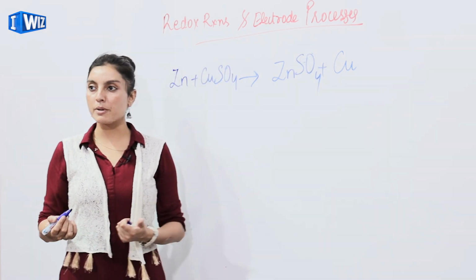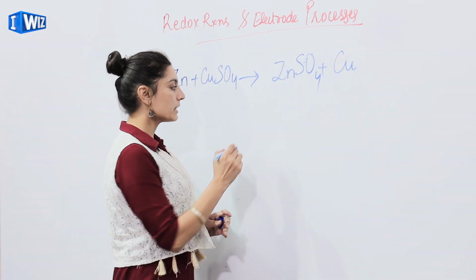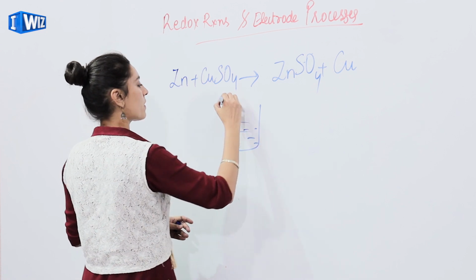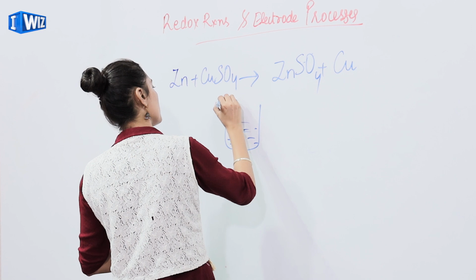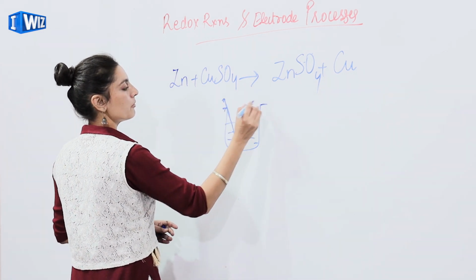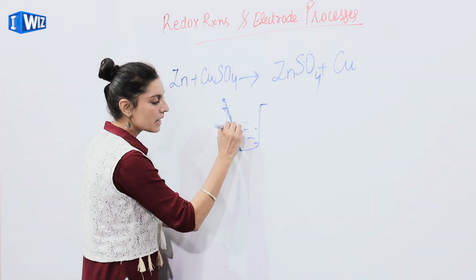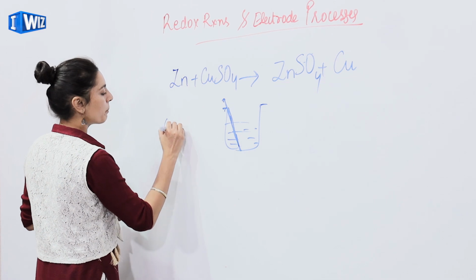Clear? I hope you remember that we have done this where we took a beaker. In that beaker, we took the copper sulfate solution. There was a zinc rod which was dipped in it. It was kept for some time period, where we later observed that this zinc strip was actually coated with copper metal.